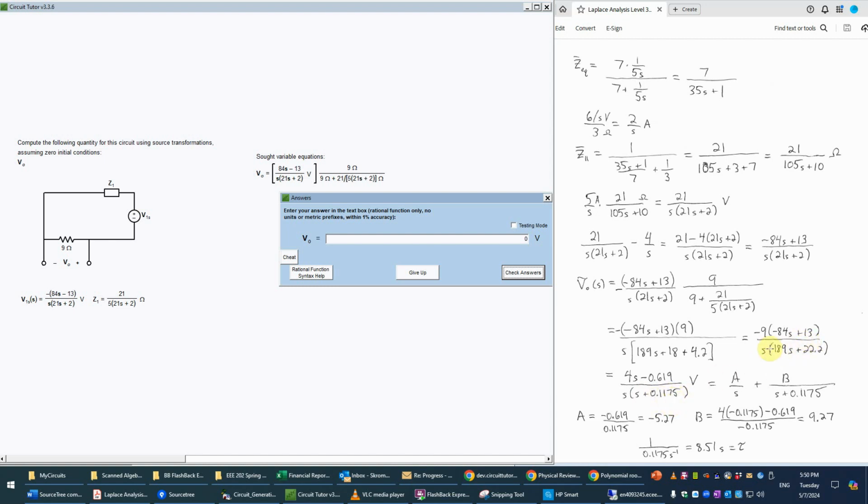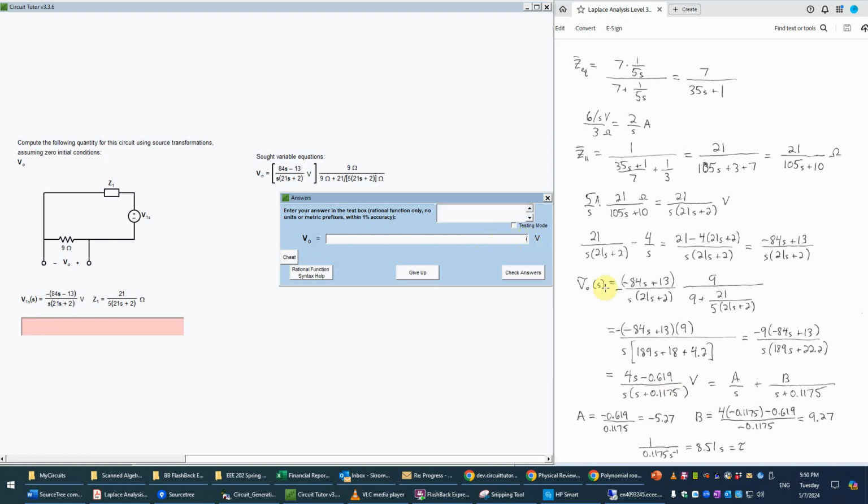And then in the numerator, we also have to divide by that. So basically, dividing by 189, that will work out to be just 4s. And then the second term, if you multiply that out and divide by 189, becomes minus 0.619. And now we have the denominator rationalized, and so that's a good form to enter here for our answer.